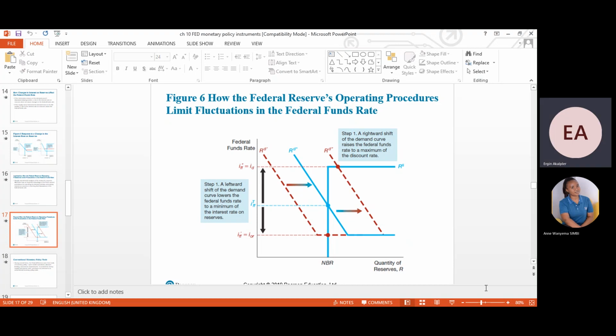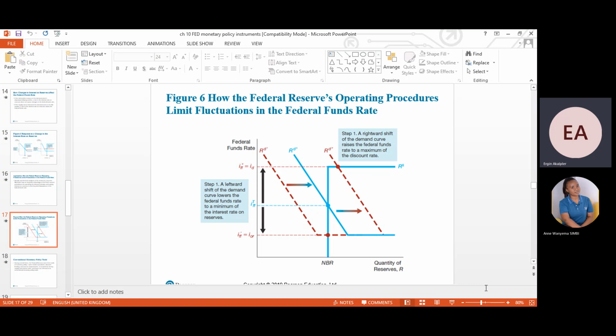And on the lower part of the graph, the dotted line is illustrated in green, with the red one, the discount rate, and the initial federal fund rate intersect each other, as you see on the RD and RS, where the supply and demand of this money market, the reserve market, are in equilibrium.